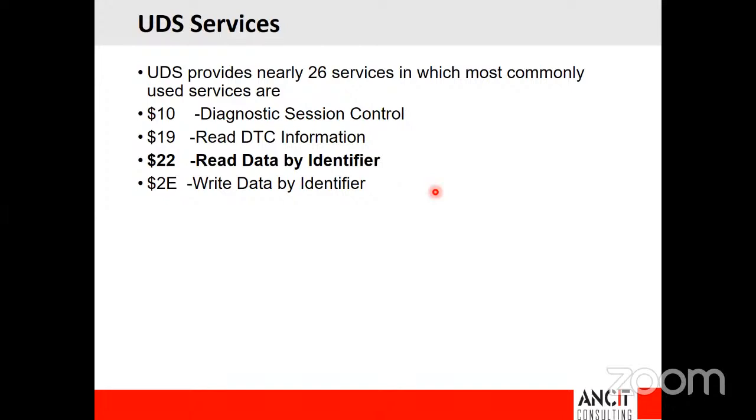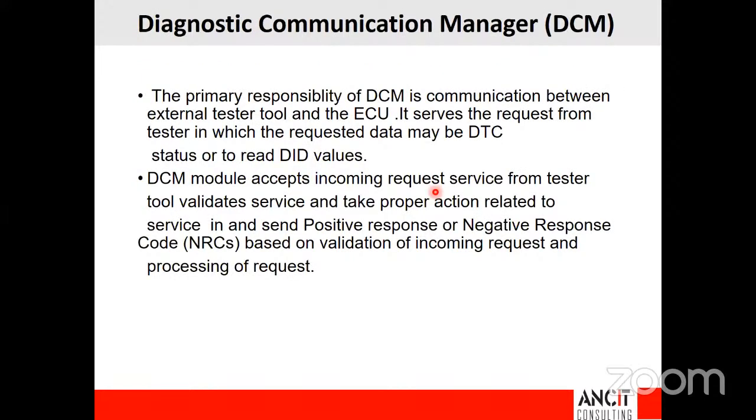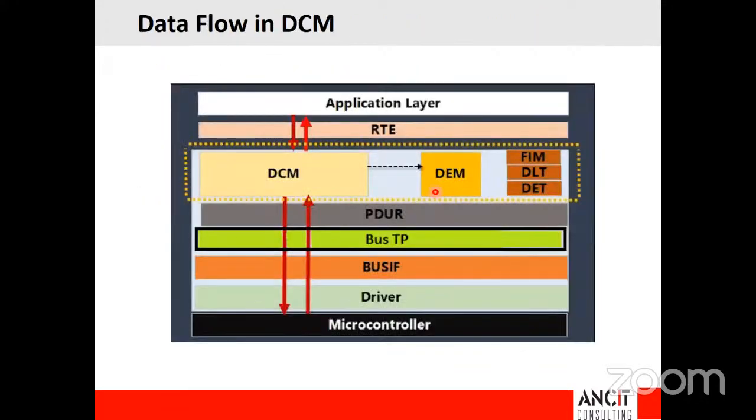The DCM module will accept the incoming request from the tester, validate what the exact service is, and take action according to the validation. Once we receive a request, it may send a positive response or a negative response.